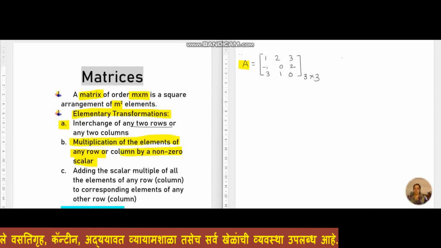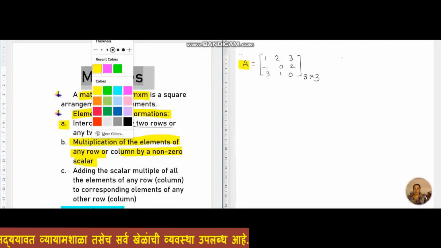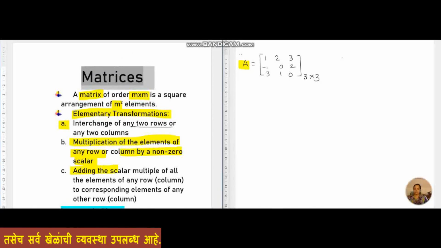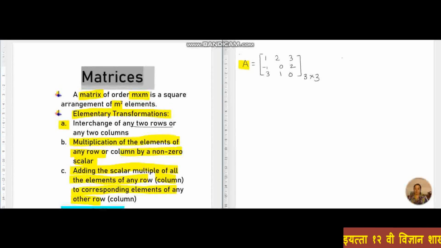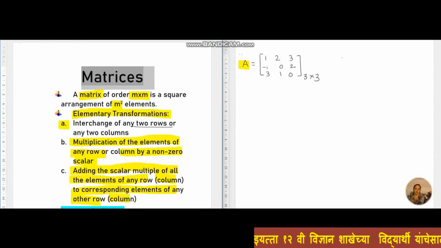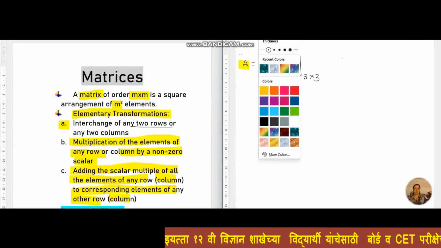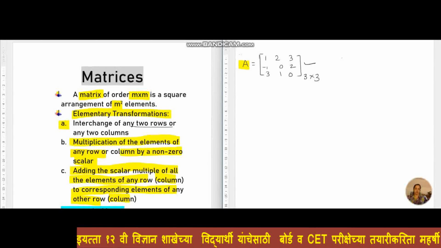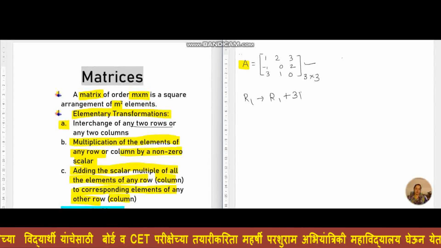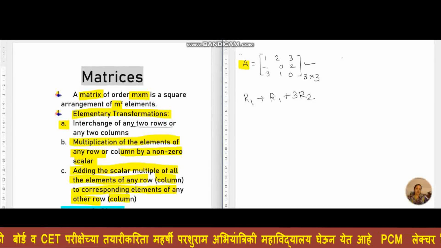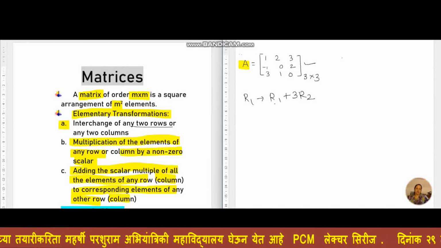The third elementary transformation is adding the scalar multiple of all the elements of any row or column to the corresponding elements of any other row or column. So, if we consider this matrix A and the operation R1 changes to R1 plus 3R2, means we are adding a multiple of R2 to R1.